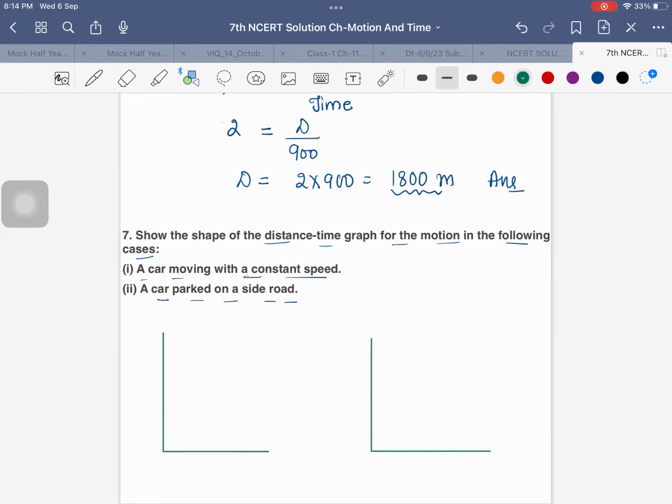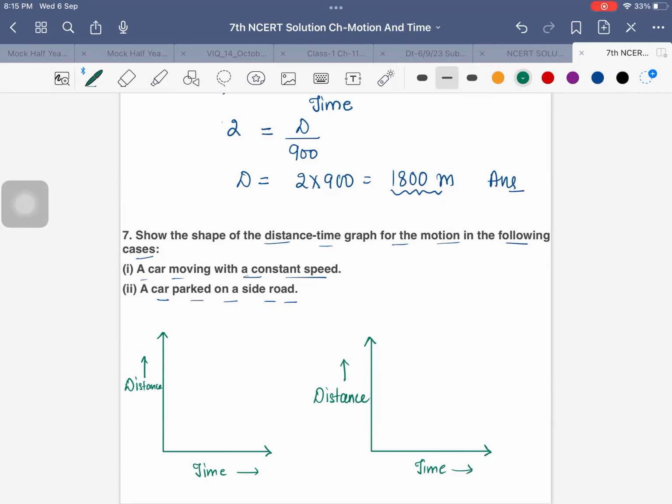This one is the y-axis, this one is the x-axis. Again, the vertical one is y, the horizontal one is the x-axis. On the y-axis, we write distance. On the horizontal x-axis, we write time. Same, distance, time.